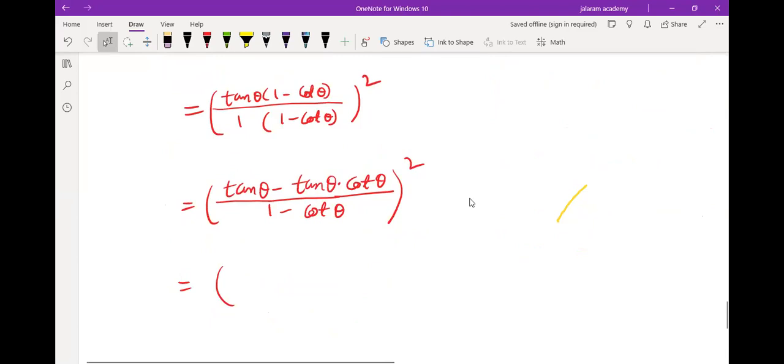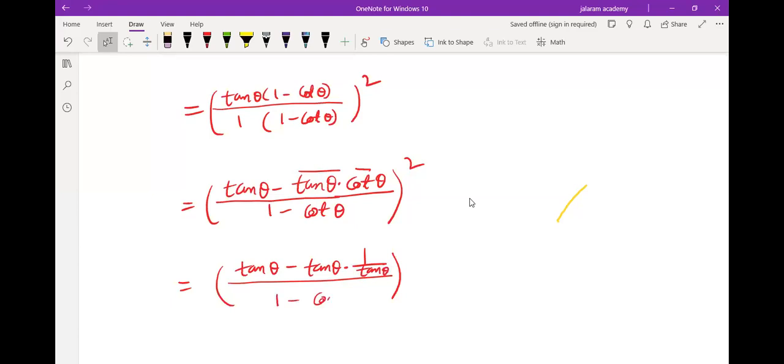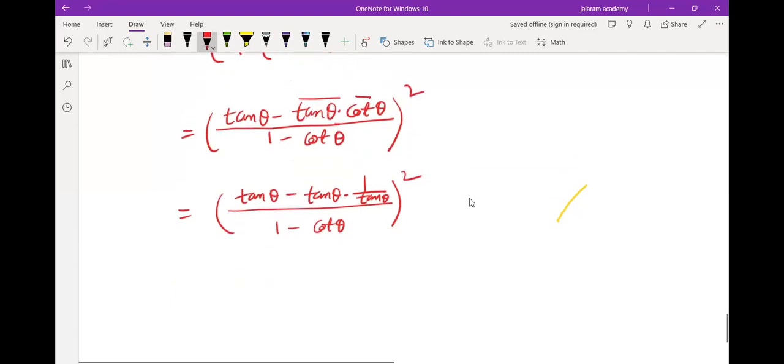Now when we open the bracket, using the reciprocal relationship between tan theta and cot theta, we can write tan theta into 1 by tan theta over 1 minus cot theta whole square. This tan theta will be cancelled out. So tan theta minus 1 upon 1 minus cot theta whole square.